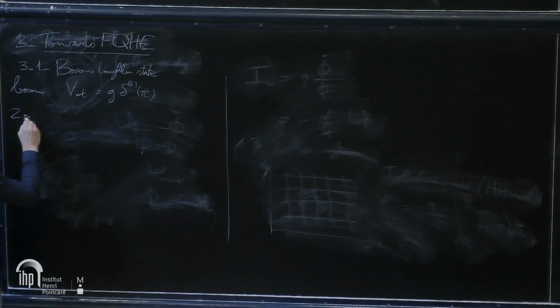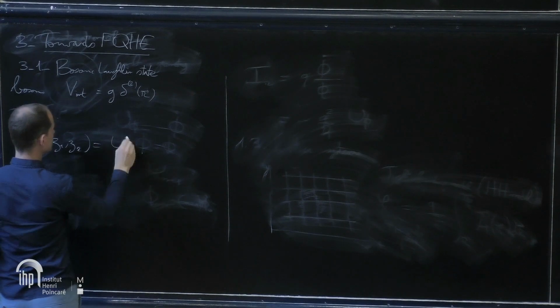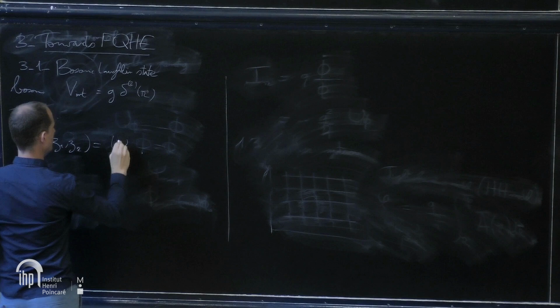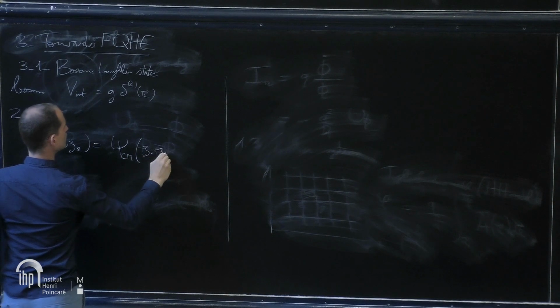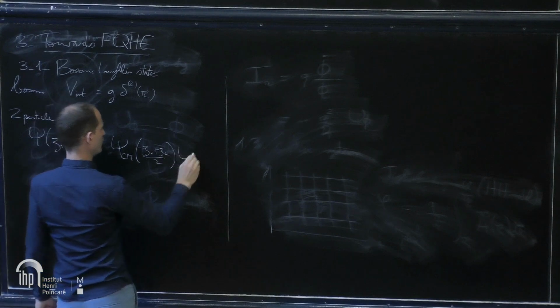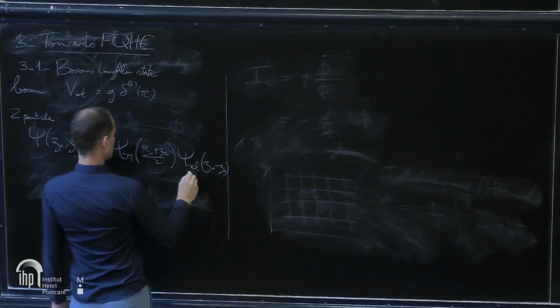So let's say for two particles, then the many body wave function depends on Z1, Z2. We can express it in terms of a center of mass wave function, of (Z1 plus Z2) over 2, times a relative wave function, of Z1 minus Z2.